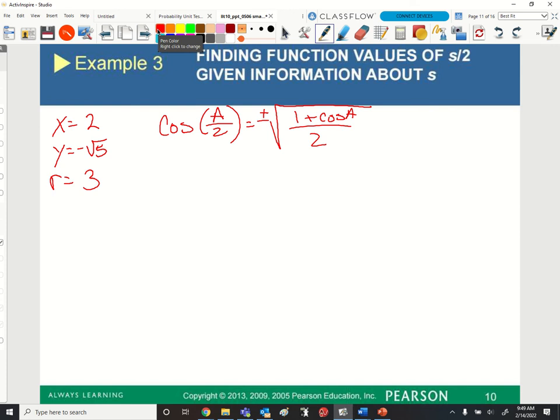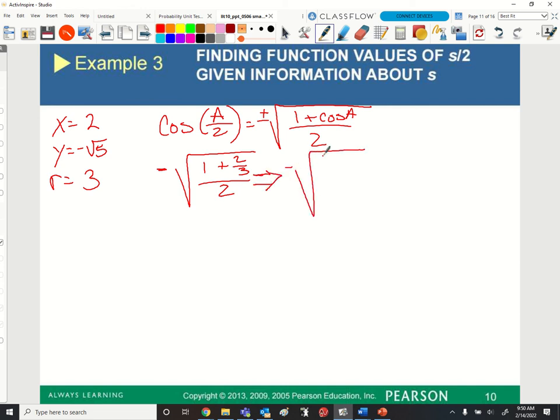Now let's start plugging in. Cosine is going to be negative in quadrant 2: negative square root of 1 plus cosine, which is 2 over 3, over 2. I'm going to keep going, so it's still negative.